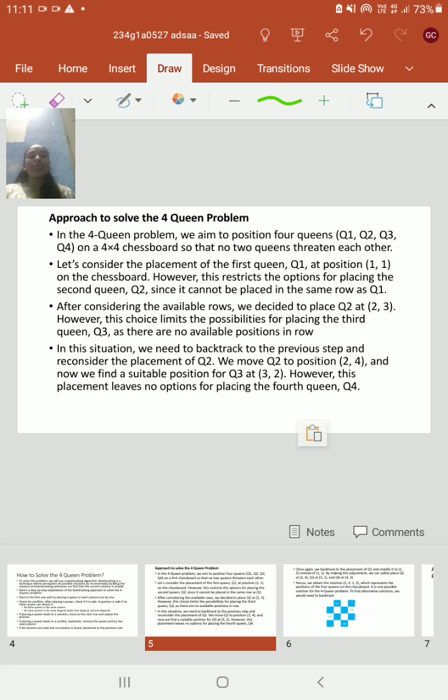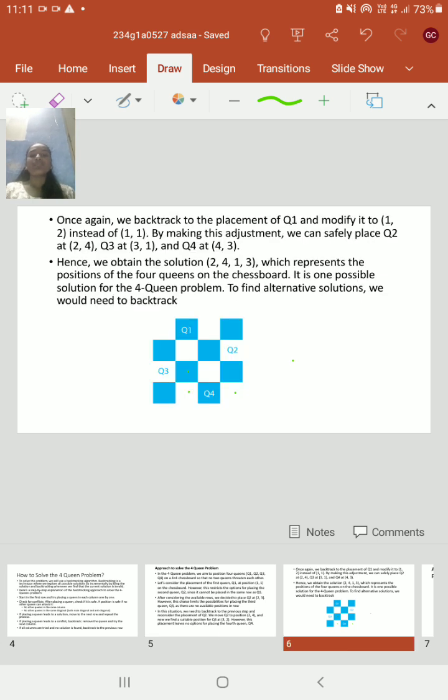We move q2 to position 2,4, meaning second row, fourth column, and now we find a suitable position for q3 at third row, second column. However, these placements leave no options for placing the fourth queen q4. Once again we backtrack to the placement of q1 and modify it to first row, second column instead of first row, first column.